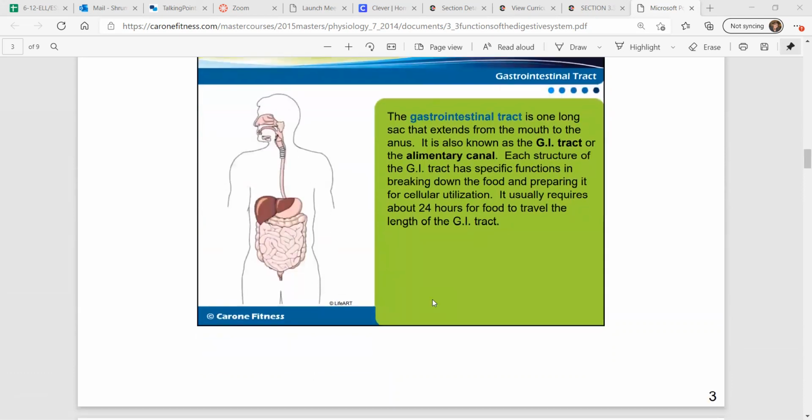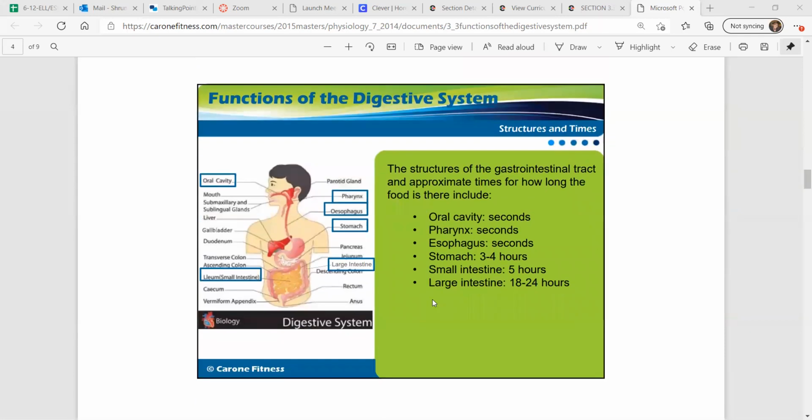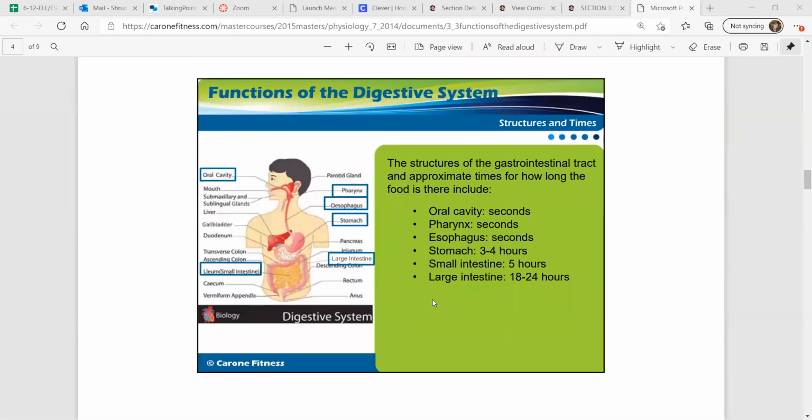Each structure of the GI tract has specific functions in breaking down the food and preparing it for cellular utilization. It usually requires about 24 hours for food to travel the length of the GI tract. The structures of the GI tract and approximate times for how long the food is there include your oral cavity, your pharynx, and esophagus.